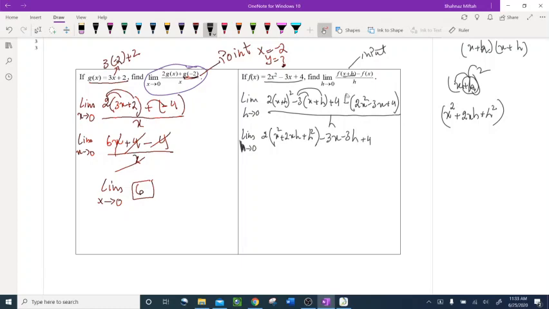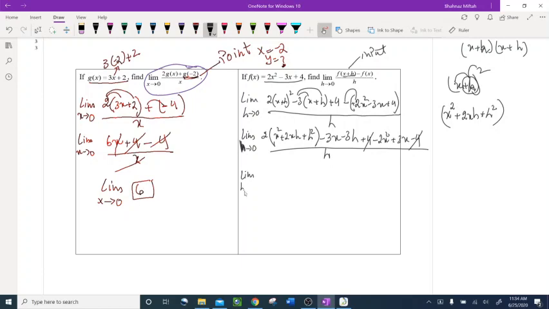I can distribute this negative. You know, the negative is really important and you have to distribute. Negative 2x squared, negative times negative is positive 3x, negative times positive is negative 4. Now if you pay attention, the 4 and 4 already cancel out. And in the bottom I still have that h, don't forget that.